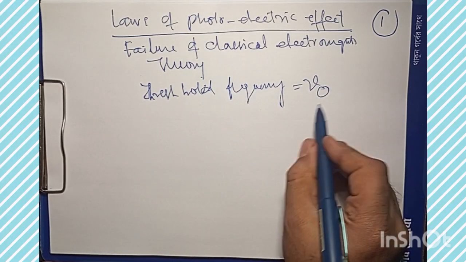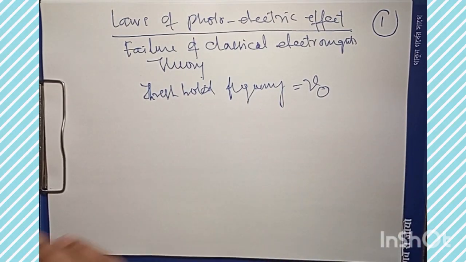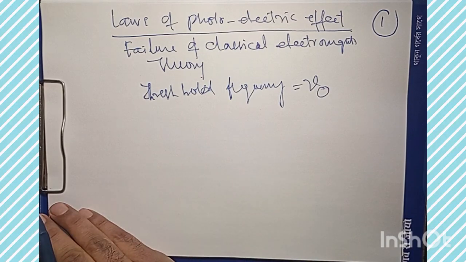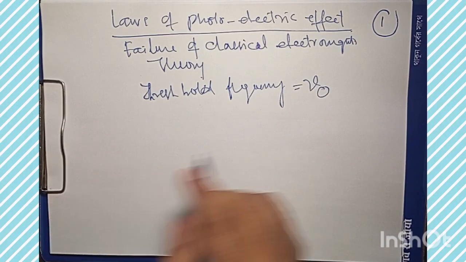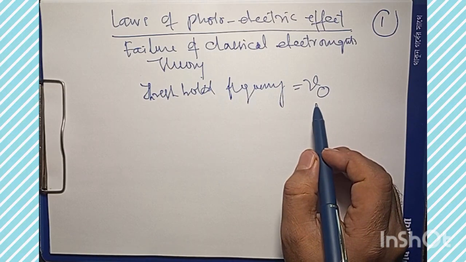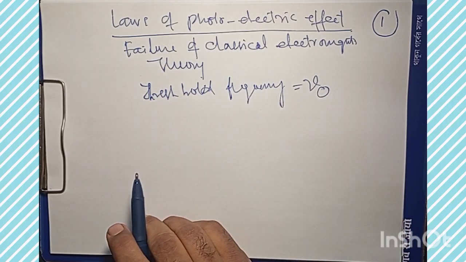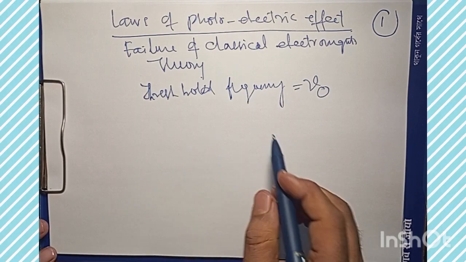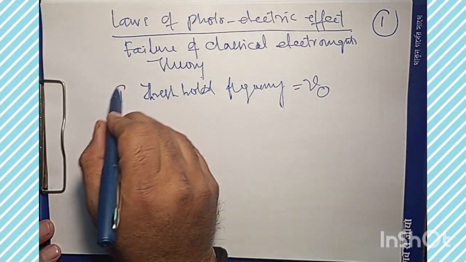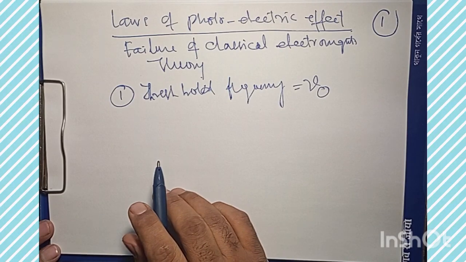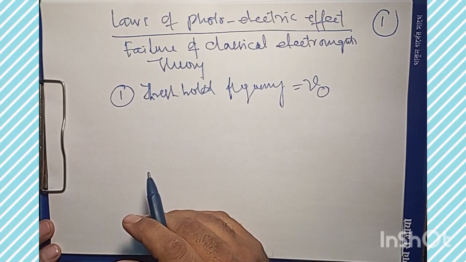Below this frequency, whatever the conditions are, whatever the voltages are, whatever the radiation that you use, if its frequency is less than this threshold frequency, there is no electron coming out of that metal.